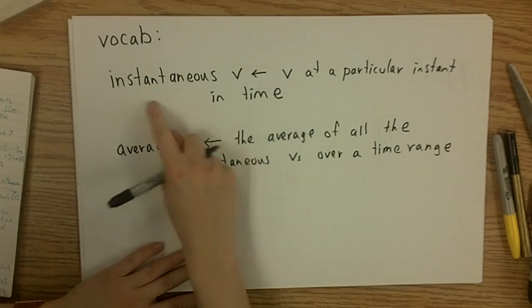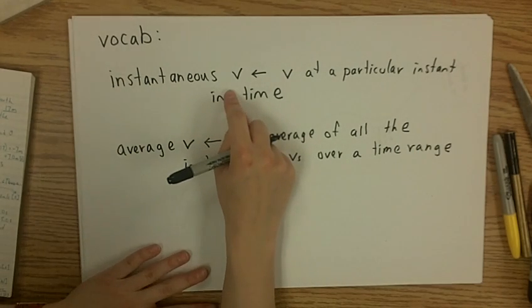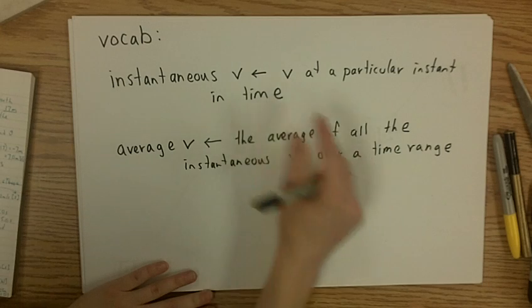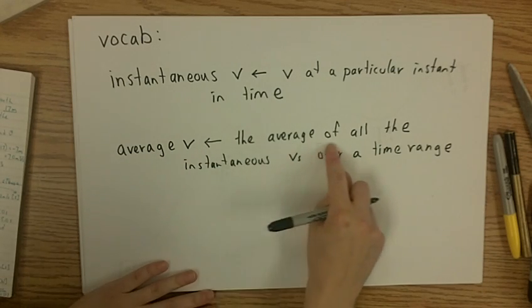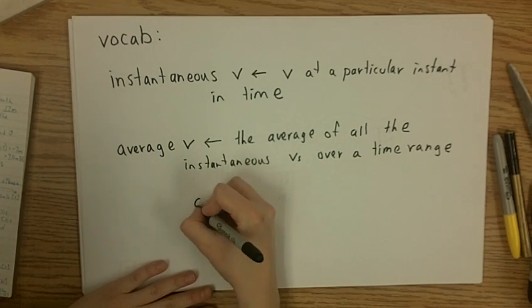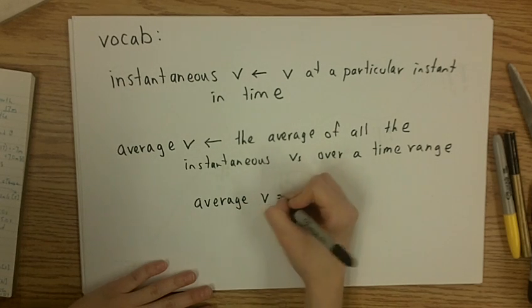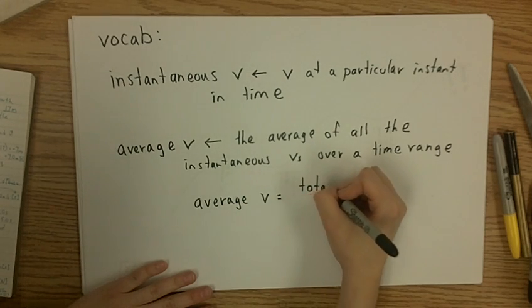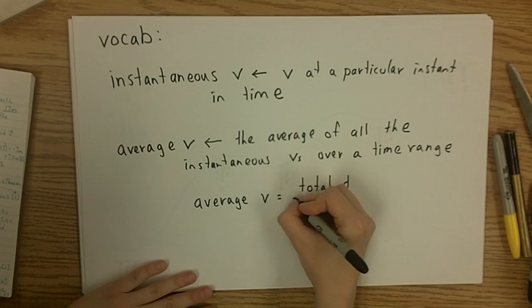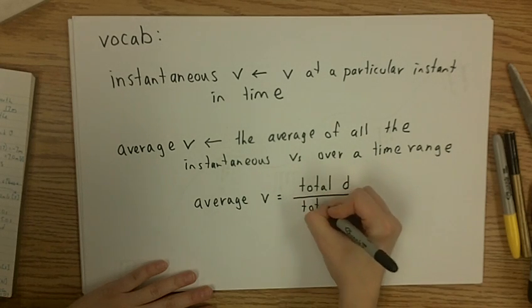So while instantaneous v is what we often are talking about when we say whether something's going fast or slow, the average v is what we actually calculate. The average v is given by the total distance over a time range divided by that total time range.